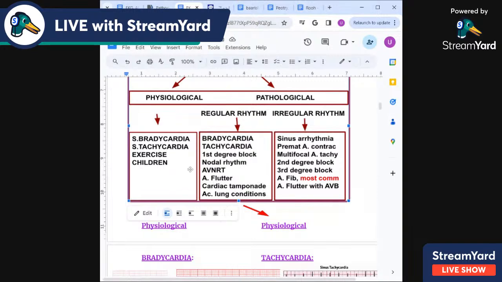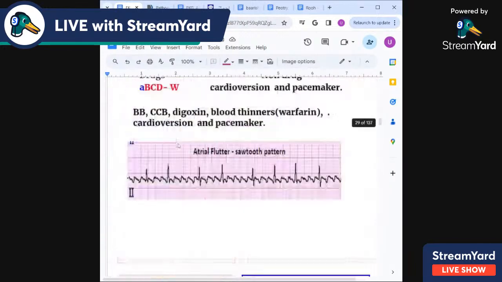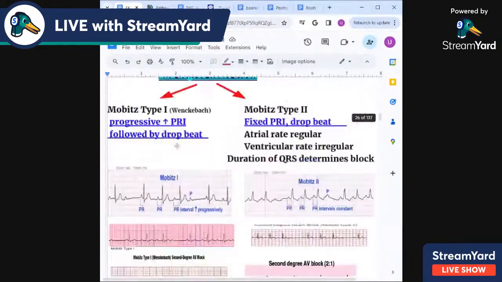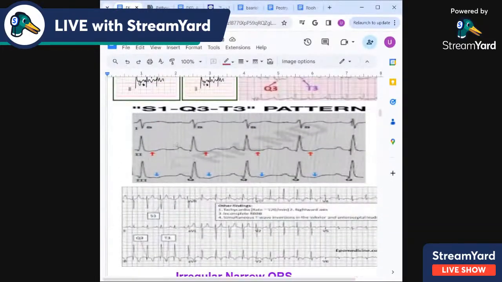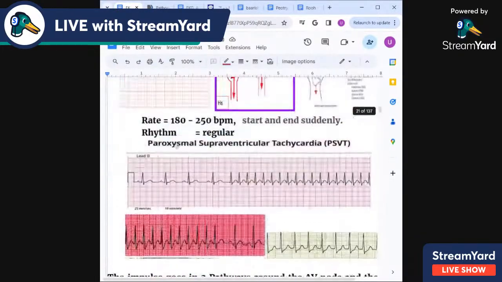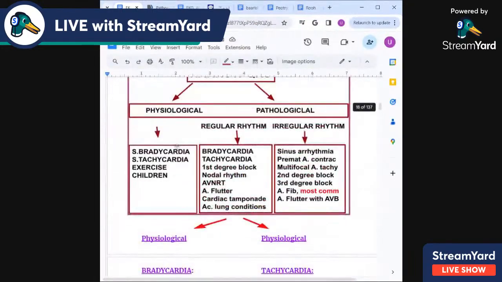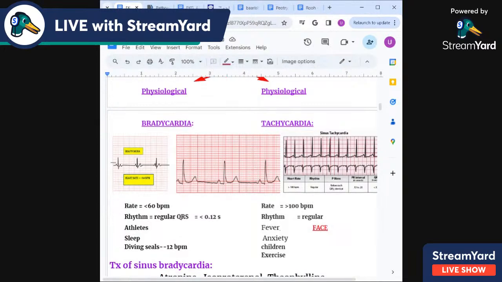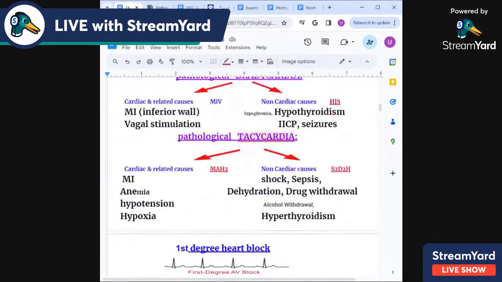So this is the end of today's discussion. Let me begin from the beginning and go back around. These were the causes of the narrow QRS: physiological bradycardia and tachycardia, and then pathological bradycardia and tachycardia.